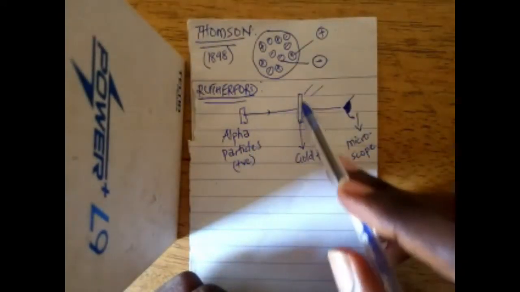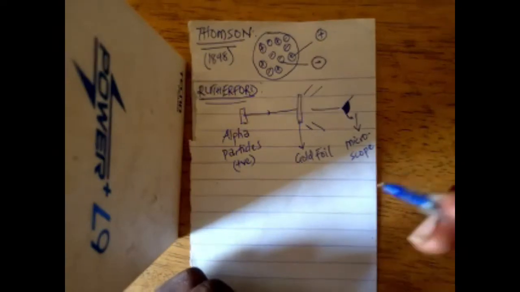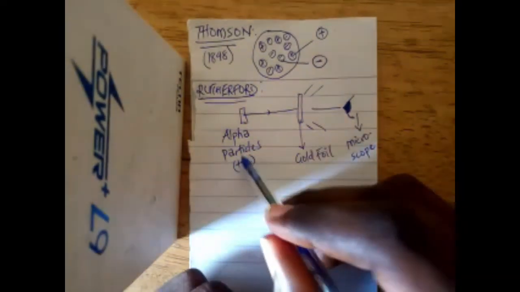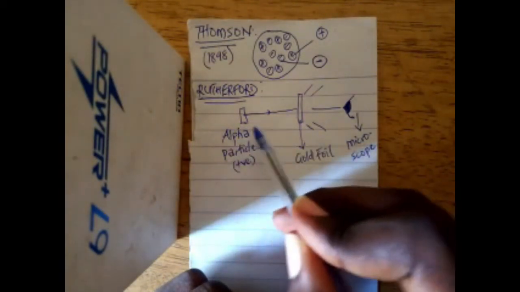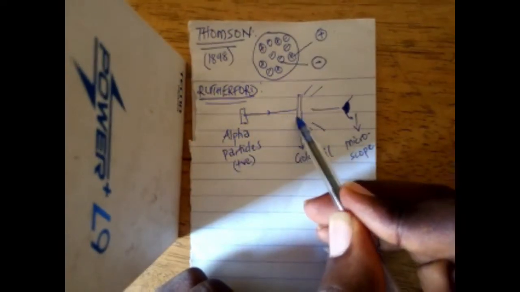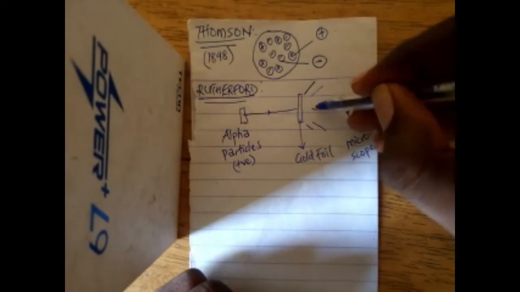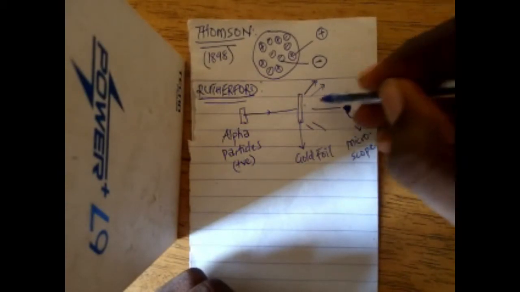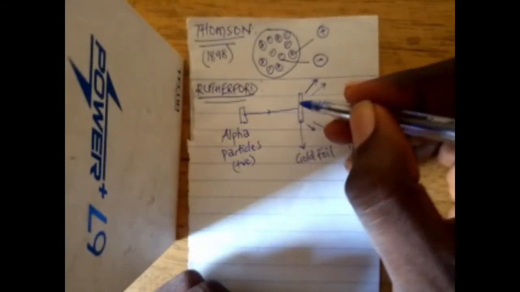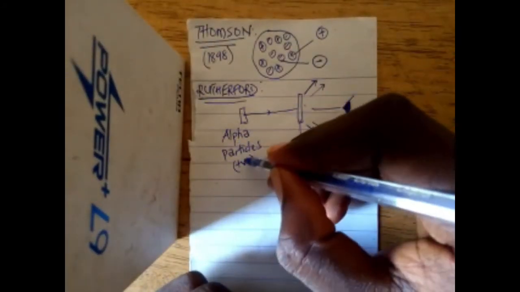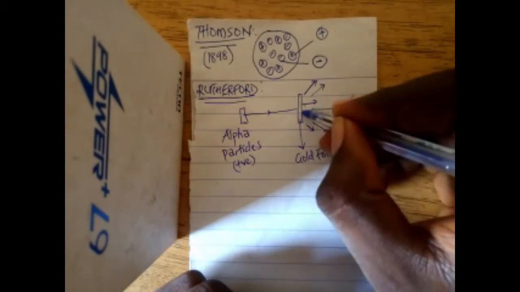They bombarded a thin foil of gold with alpha particles at very high speeds, moving in straight paths to hit the gold foil. Rutherford discovered that some of these positively charged alpha particles pass through the gold foil.